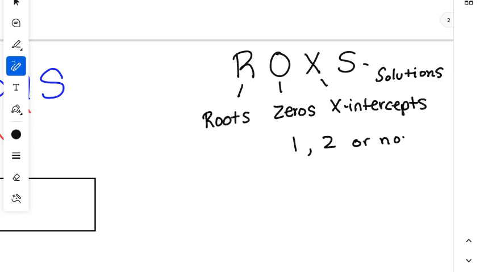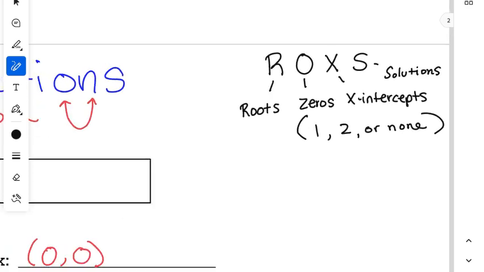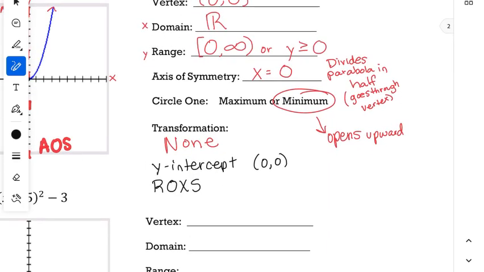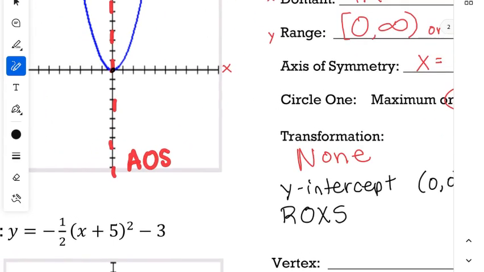So 1, 2, or none. Okay, so our ROXS here, how many times does it cross the x-axis? Just that one time, and it's at the origin, 0, 0.